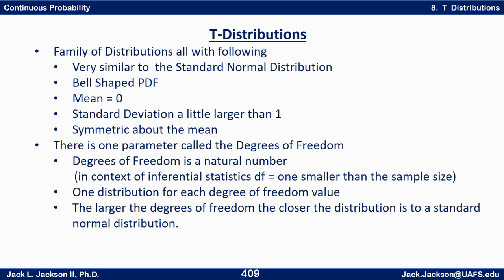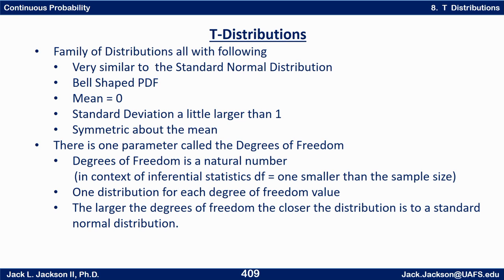So first of all, t-distributions are actually a family of distributions, like normal distributions are a family. And just like the normal distributions, where we identify which normal it is by identifying the mean and standard deviation, we identify each of the t-distributions by a parameter that's called the degrees of freedom. The degrees of freedom is a natural number, so it's 1, 2, 3, 4, whatever.